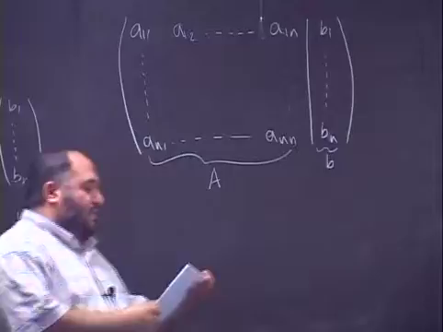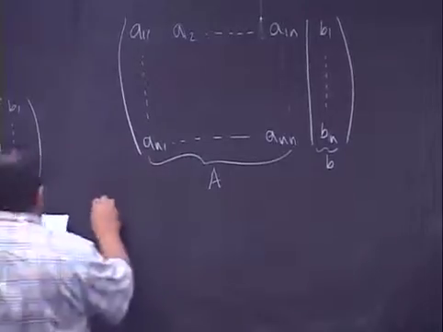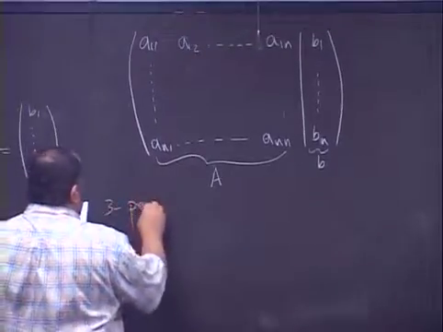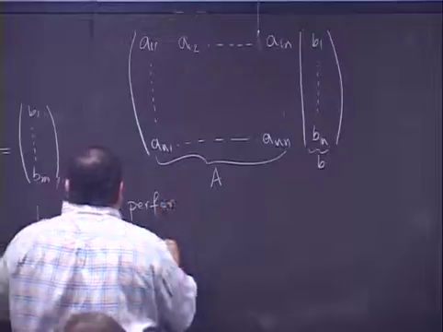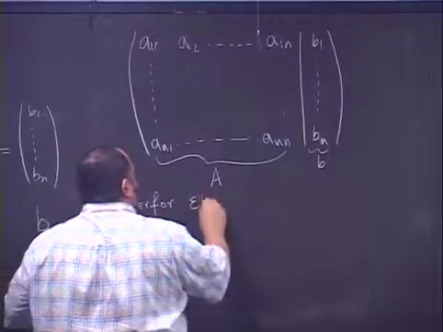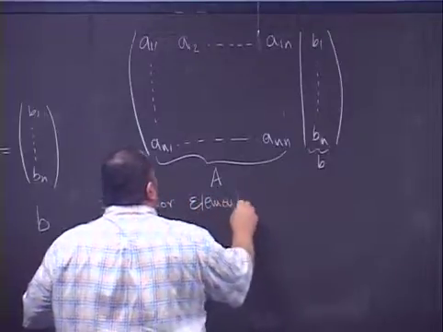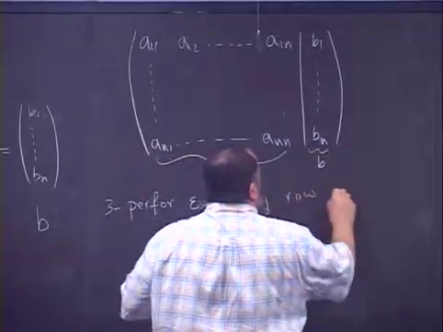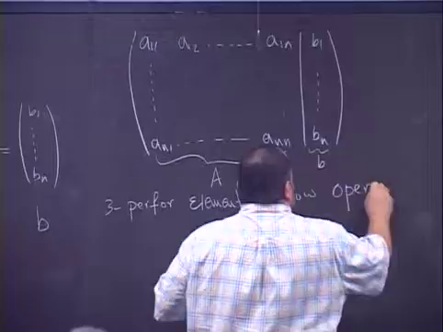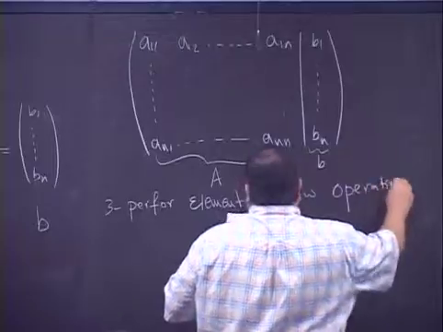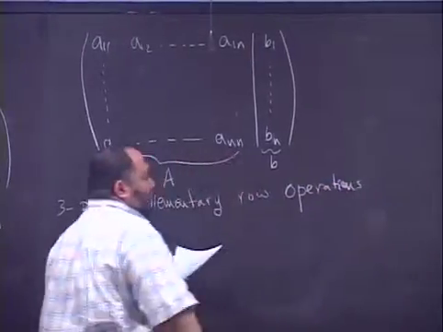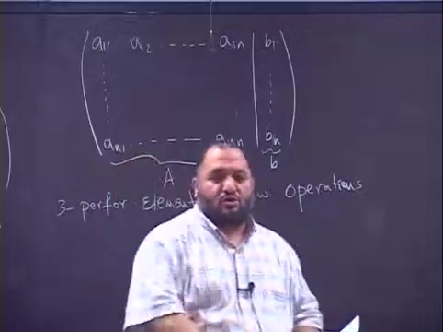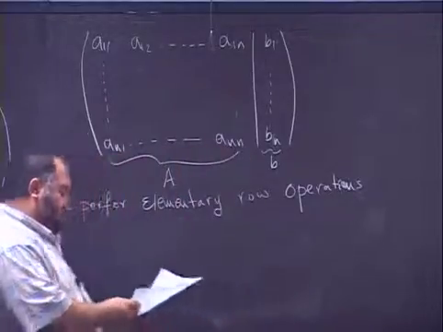And then we will perform what we call elementary row operations. What do we mean by elementary row operations?